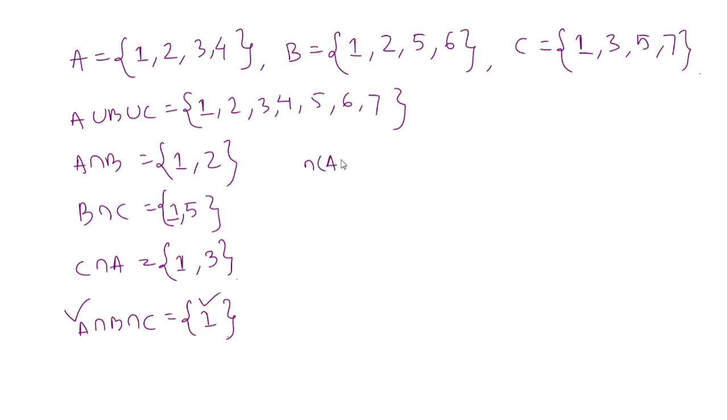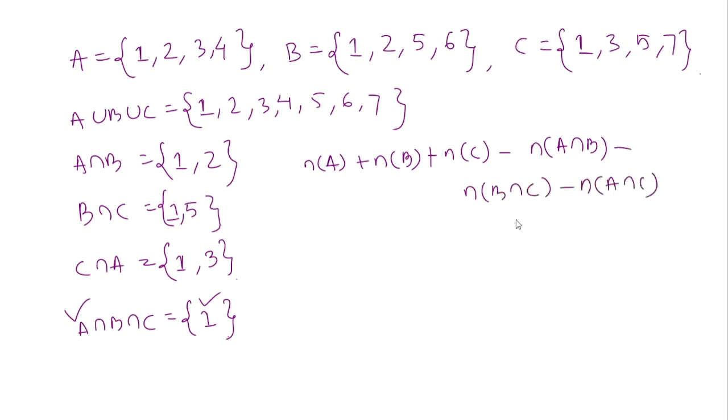Number of elements in A plus number of elements in B plus number of elements in C minus n of A intersection B minus n of B intersection C minus n of A intersection C plus n of A intersection B intersection C. Now put the respective values.